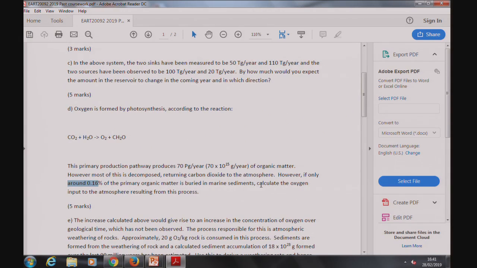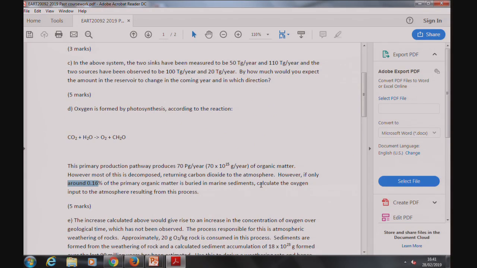So in order to do that, what do I do next? Times by the molecular mass, which is 16. No, 32. Yeah, 32. Twice 16.